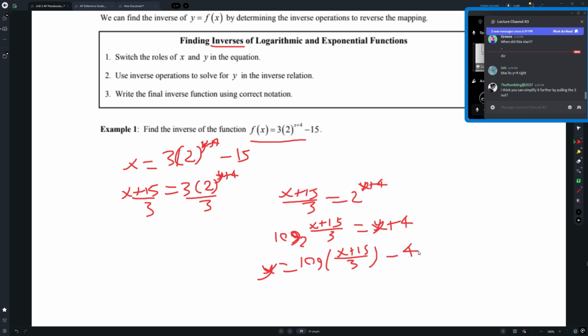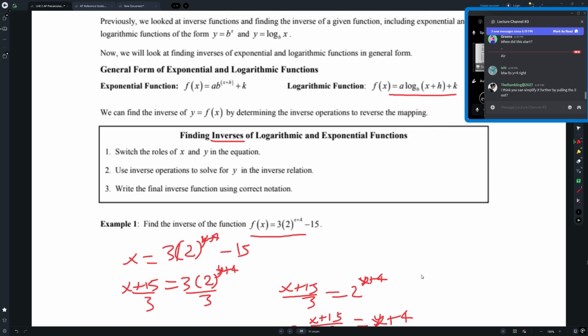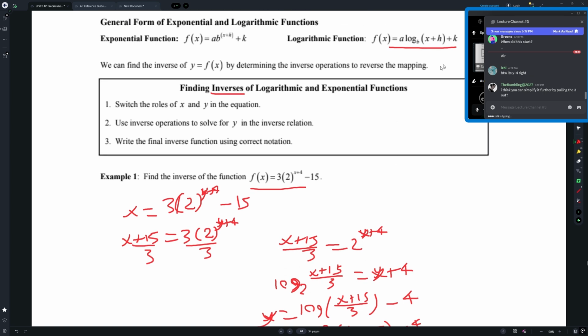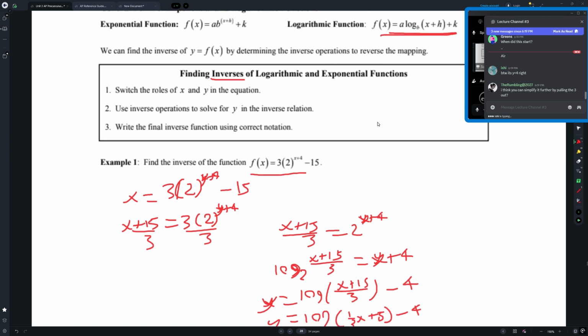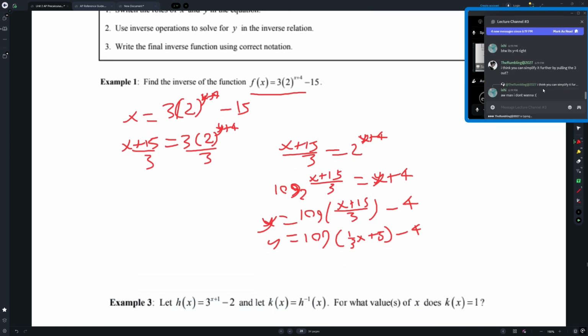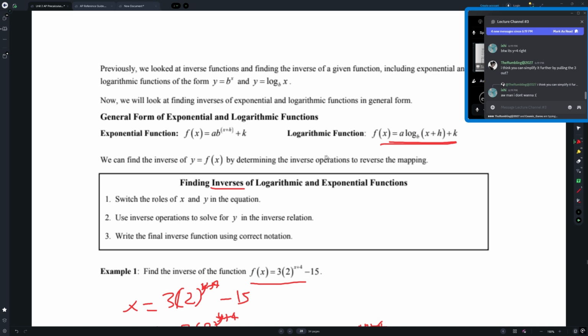By pulling the 3 out, you could say y is equal to log base 2 of 1/3 x plus 5, minus 4. That would fit this form perfectly, but this would most likely be accepted because it's in the general formula form.